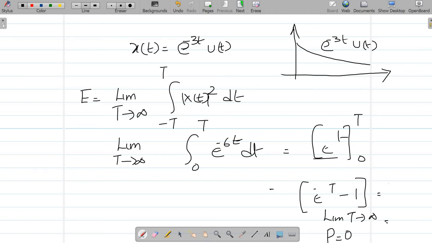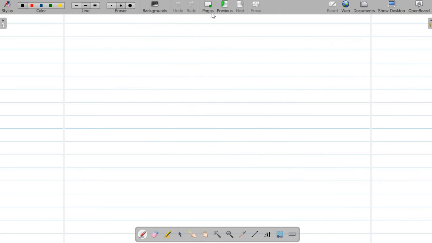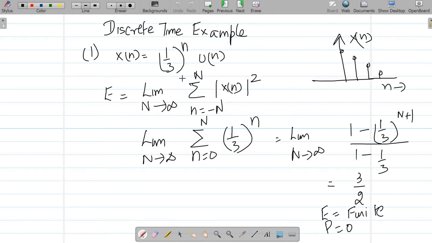So it is going to be minus 1 by 6 into e to the power of 6t. So finally the answer is going to be 1 by 6. So still the result doesn't change. So we have completed this problem.